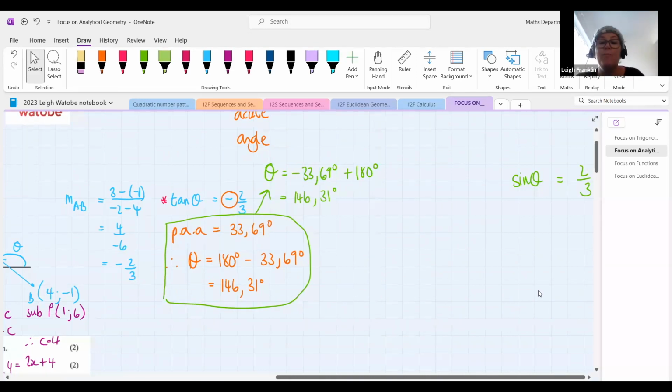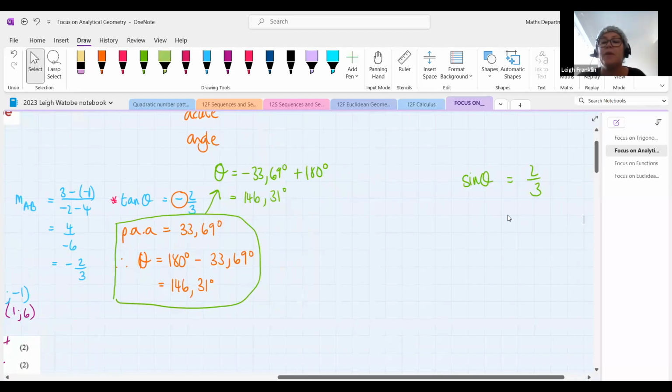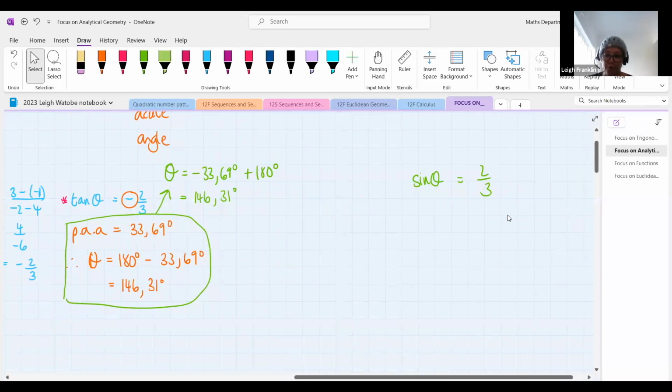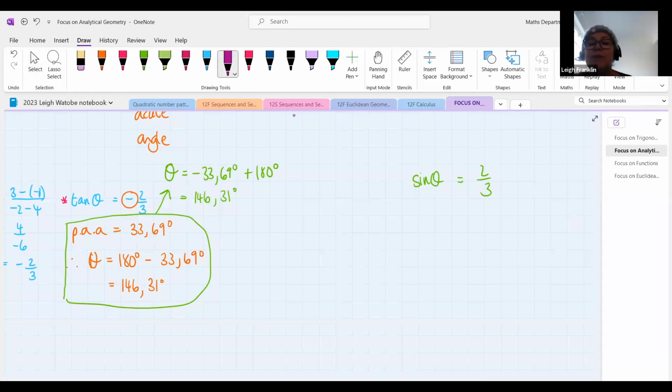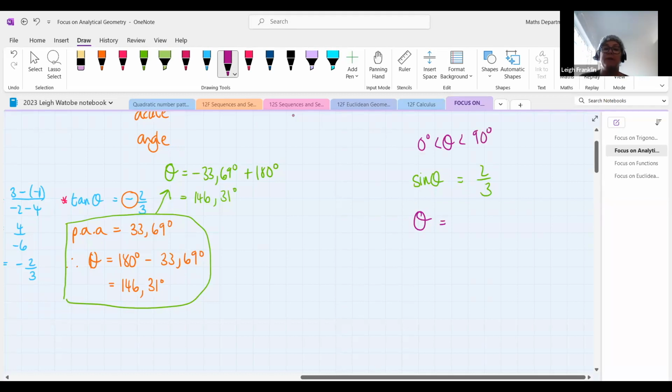If we go back to what we were saying earlier, Caitlin, where we've got sine theta equals 2 over 3. If I want to know the size of theta, and let's say here theta is an angle between 0 and 90 for argument's sake, just to keep things simple, then on your calculator, you're going to go shift sine and put in the 2 over 3.